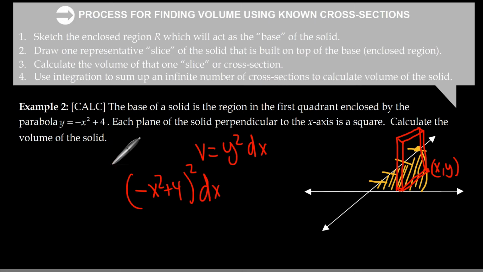And then I'm going to integrate this from when our region starts. That's going to be 0, and it looks like it's going to end at 2, because if you plug 2 in here, 2 squared is 4, and 4 minus 4 is 0. So that's where this curve hits the x-axis. So it's going to be 0 to 2. And at this point, we will let our calculator do the rest of the work. And when we do that, this is the answer that we get.